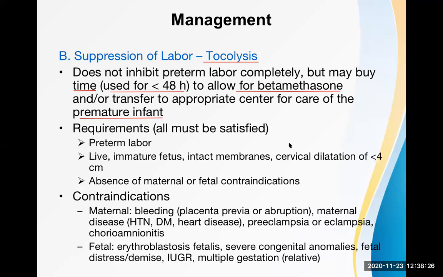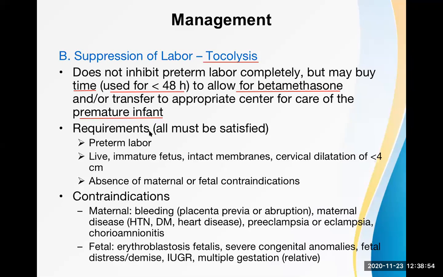To avoid that, if we give betamethasone, okay, before 48 hours of the delivery, especially in preterm labor, the fetal lung will be matured because this betamethasone will stimulate the formation of surfactant there. And even if the baby is delivered after that, the baby would be safe from hyaline membrane disease. This is the reason why we give betamethasone here.